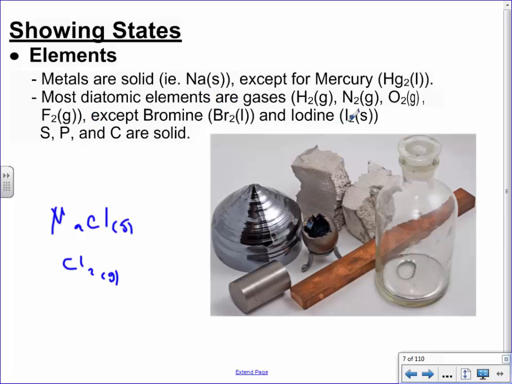Bromine and iodine are also diatomic, but they're in liquid and solid form. If you have the color table, they're all in color anyways. If you didn't get a color table, you'll just have to keep track of which ones are different. On the big table at the back, you can see the blue, the black, and the red, right? So that's your general way of telling whether it's a solid, liquid, or gas.